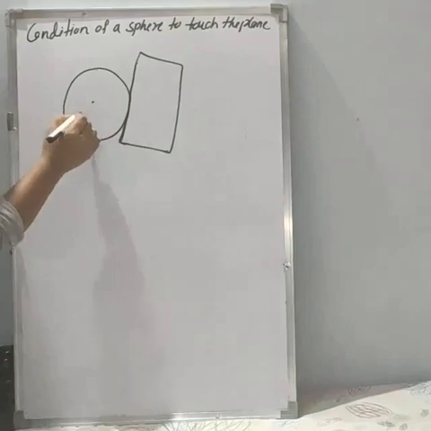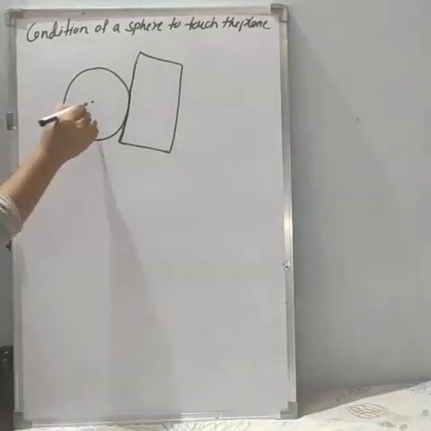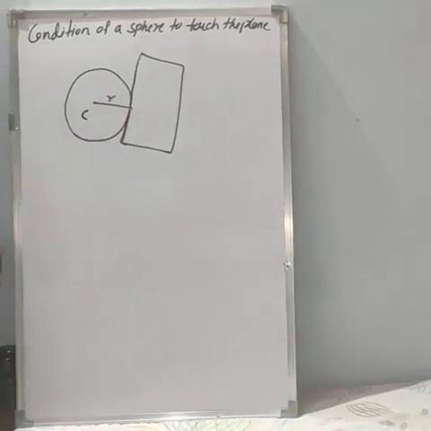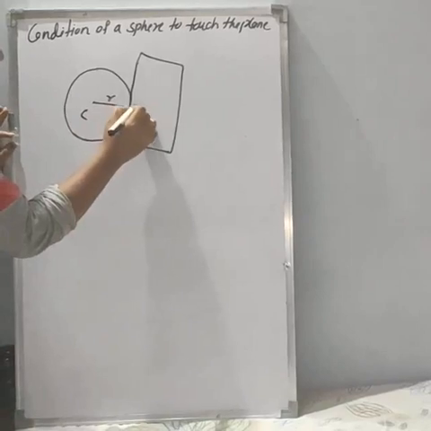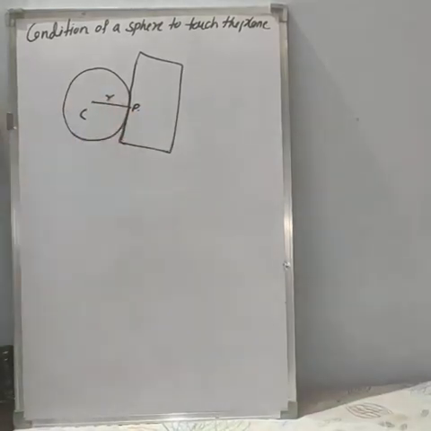Suppose this is the center of the sphere and R is the radius of the sphere. We can denote this point as P, and this point lies on the plane.